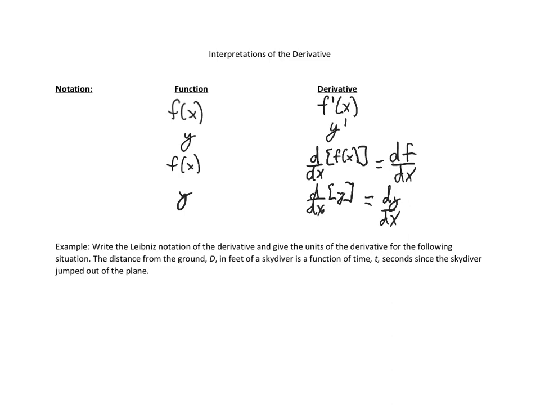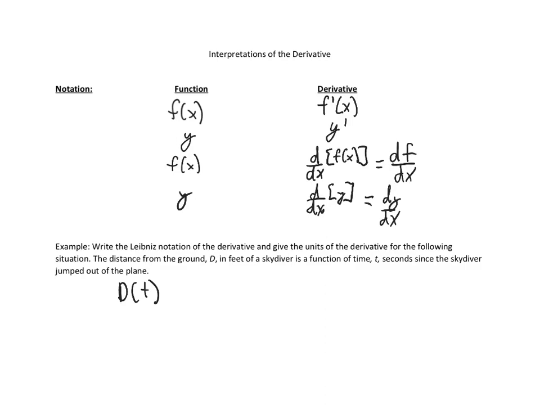So let's look at how we're going to use this notation to help us. For example, we're going to write Leibniz notation of the derivative and give the units for the following situation. The distance from the ground d in feet of a skydiver is a function of time t seconds since the diver jumped out of the plane. So the way we've formerly been used to this, we would say d is a function of t, right? Where we would plug in some time and we would say the distance from the ground.